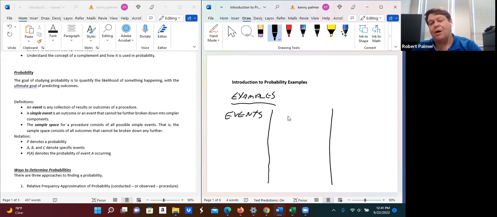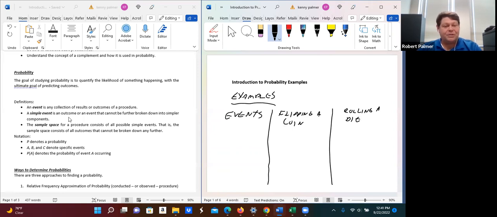So one event could be the outcome of flipping a coin, or rolling a die. Okay, so the singular of dice is die. So if you think about a six-sided die, the events here would be the outcomes of those. The outcomes of flipping a coin, okay, heads or tails. The outcomes of rolling a six-sided die would be the numbers 1 through 6.